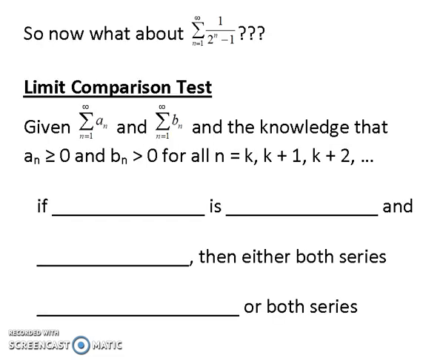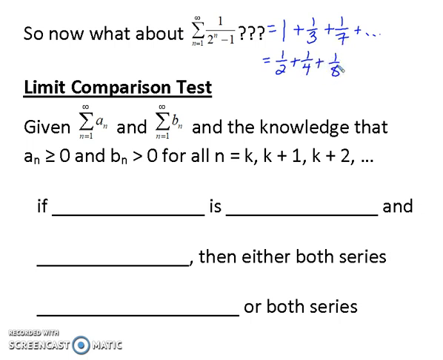What about, though, 1 over 2 to the n minus 1? Well, if we write out some of its terms, starting with n equals 1, we would get 1 plus 1/3 plus 1/7, and so forth. Well, 1 over 2 to the n is 1/2 plus 1/4 plus 1/8.